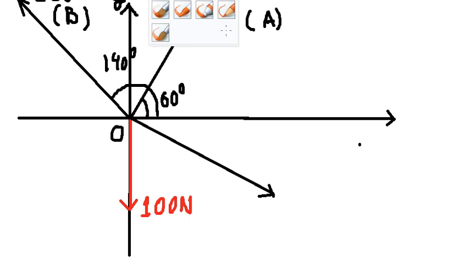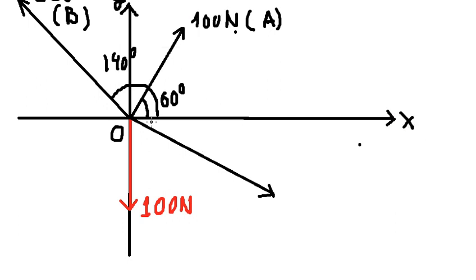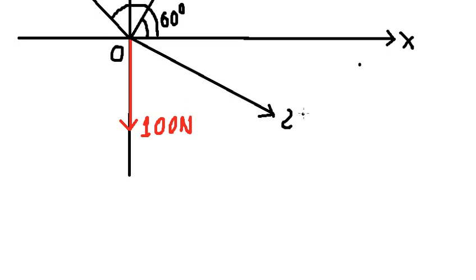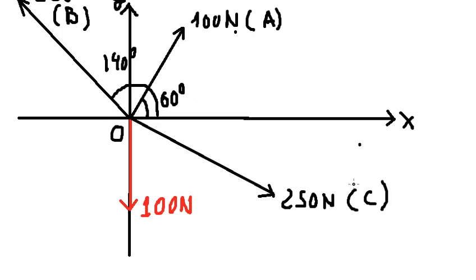So in this one, they will go like this. And this is 320 degrees, and we have 250 newtons. I will label it C.